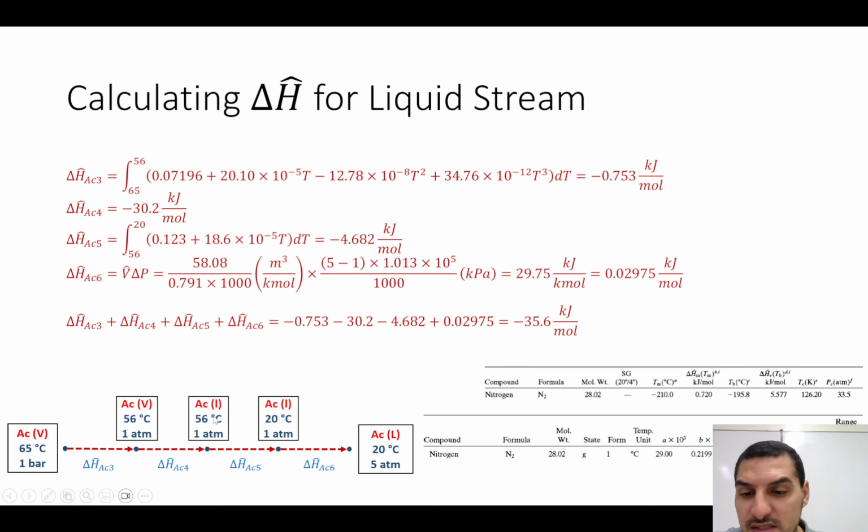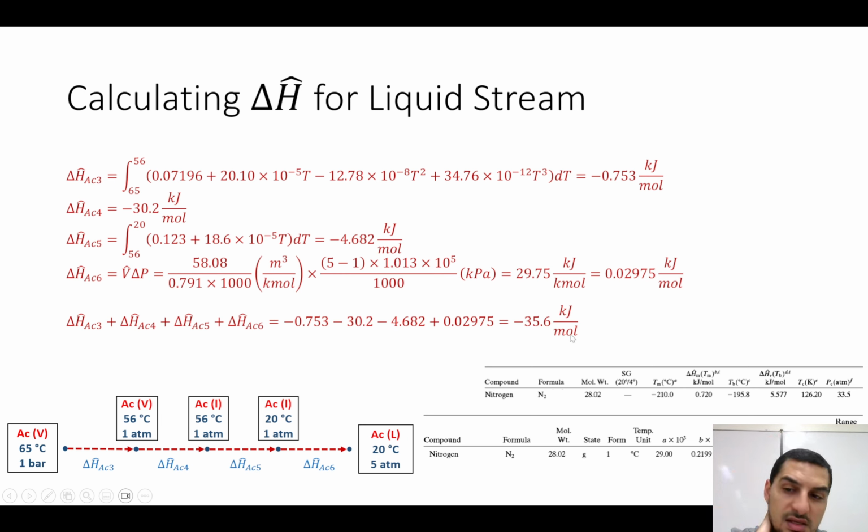In the previous step, we have a 36 degrees Celsius change in temperature, which is not a big deal, and it has an effect on enthalpy of negative 4.682, while for 4 atmospheres, which is a very big pressure difference, it's making a very, very small effect on the enthalpy. So it's something we can ignore. We can assume it's 0 without going through this hassle of unit conversions and all these calculations.